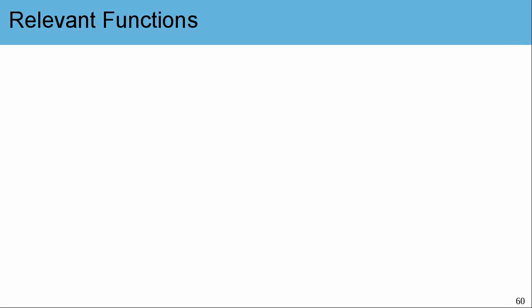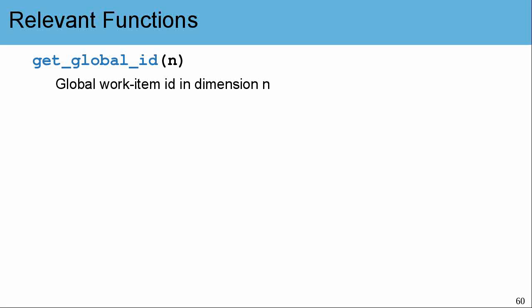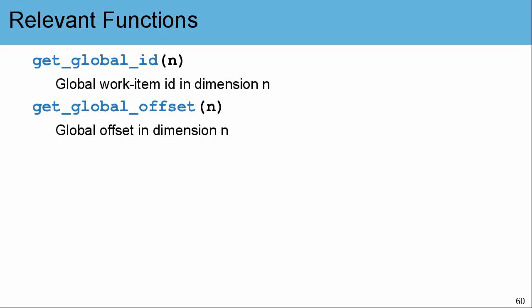So the relevant functions in OpenCL C are getGlobalID(n), where n is the dimension. So this is going to give us the work item ID in dimension n. Now, we also can say getGlobalOffset. I mentioned the offset in my previous discussion in terms of a number that's being added to all of the indices.